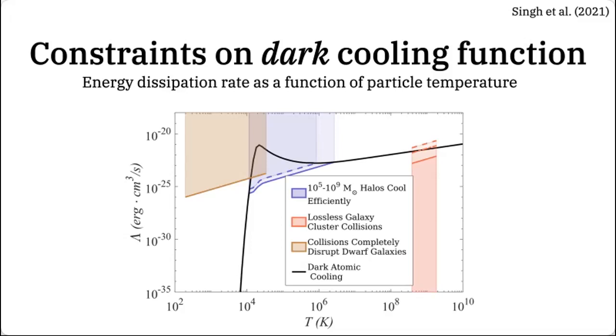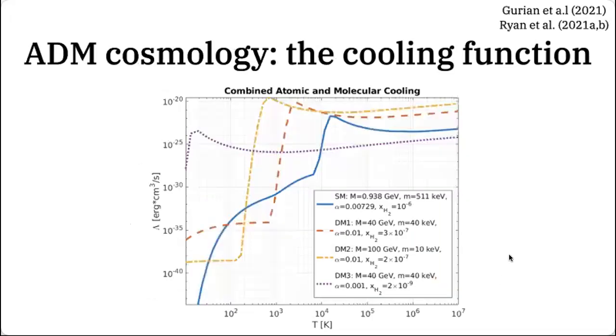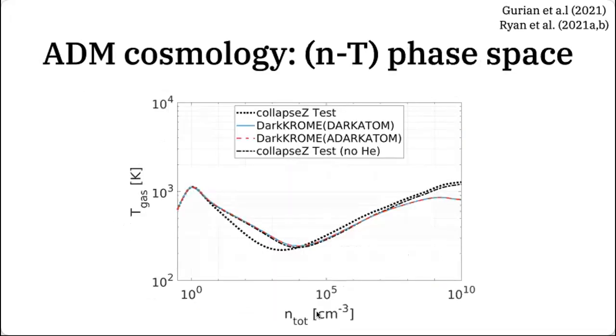And from first principles, we can also calculate the cooling function as a function of temperature, how efficiently they can cool, for a given set of four parameters: proton mass, electron mass, and the coupling constant, right? Those are the examples, and then we can also have the phase diagram as a function of number density, showing when the first structure collapses and how its temperature changes.